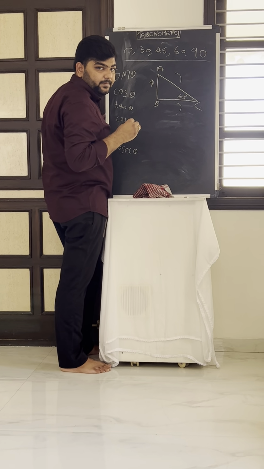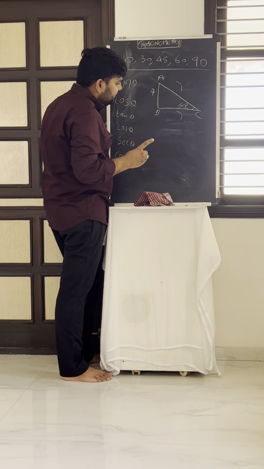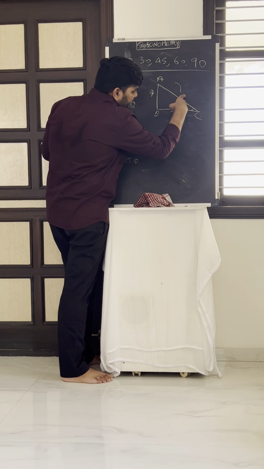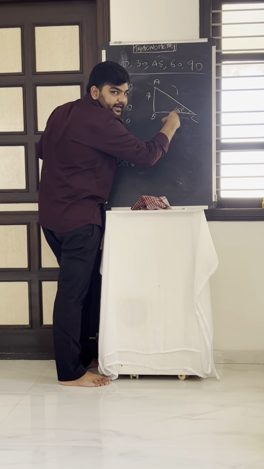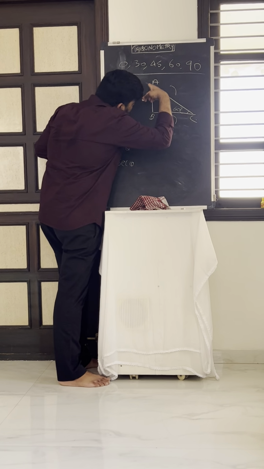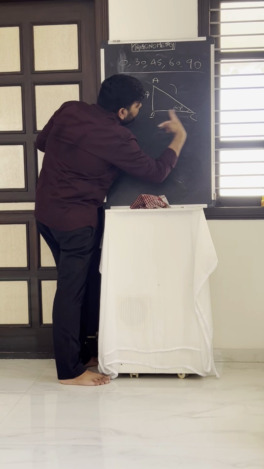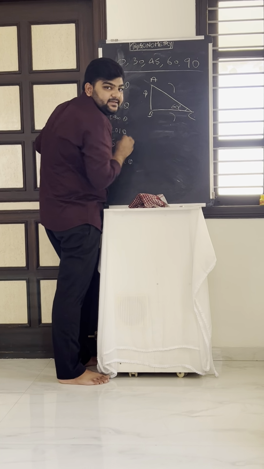So what will you do? We have to find the value of the hypotenuse. This is my angle theta, so this will be its opposite side and this will be its adjacent side.